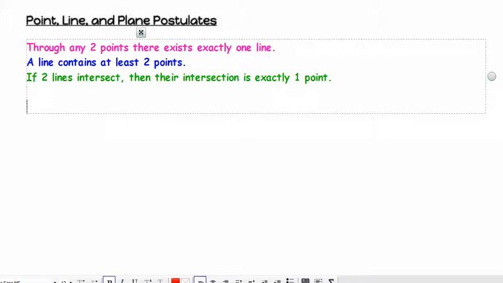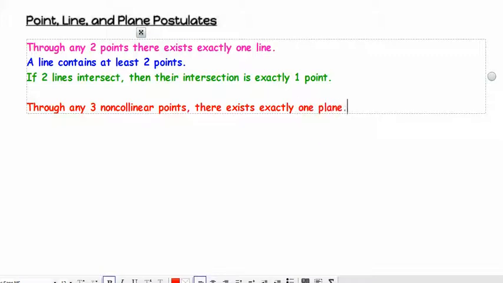Moving on. The fourth: through any 3 non-collinear points, and remember, those are points that don't lie on the same line, there exists exactly 1 plane. So 3 non-collinear points make a plane.